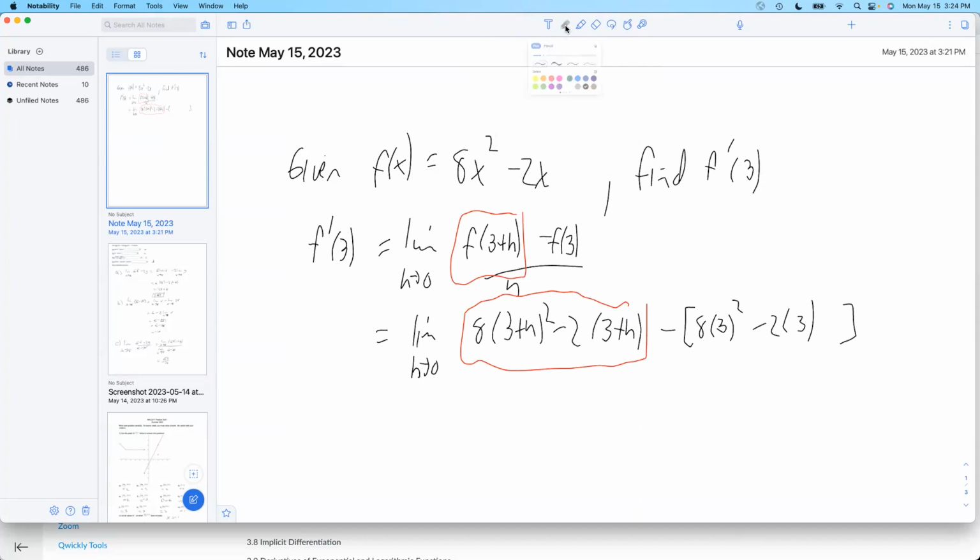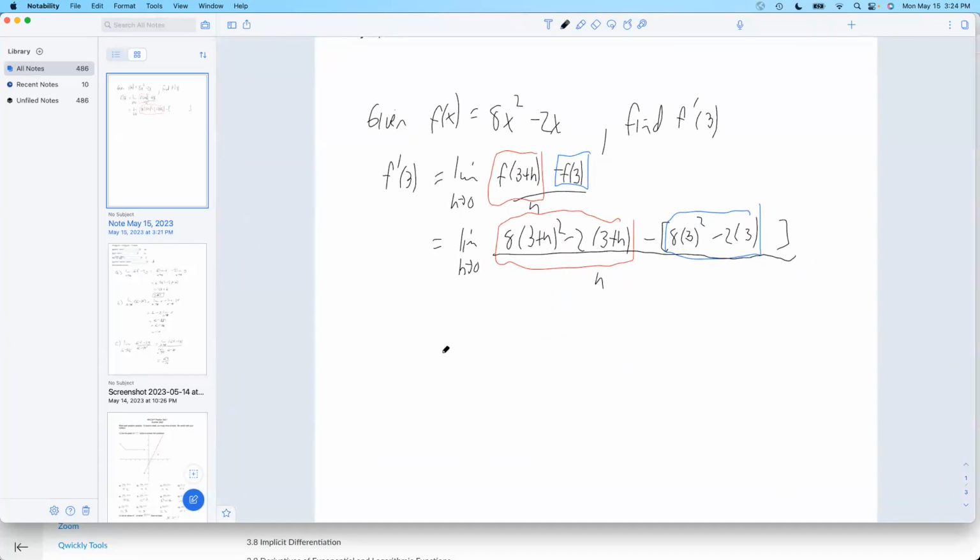And so let me color code that. F of 3 here is this. And then a lot of mistakes happen here. That guy's a fraction. This guy has to be a fraction. This is all over h. Don't forget your over h.